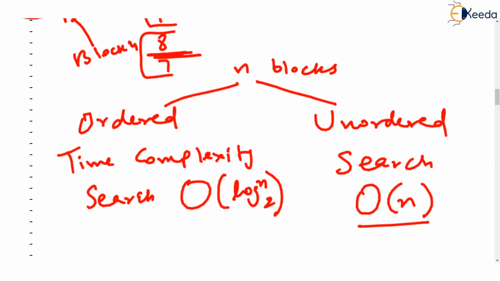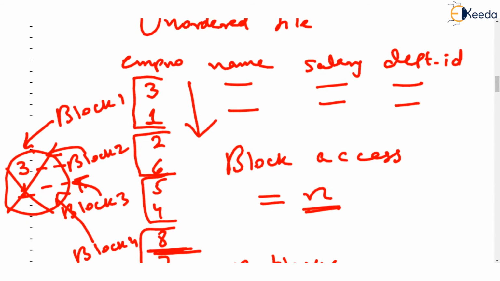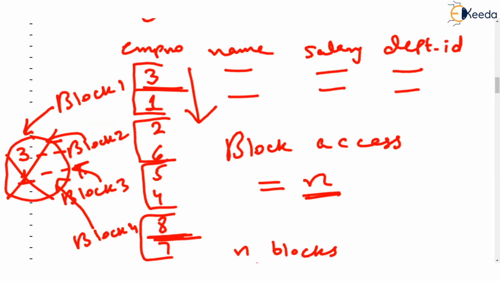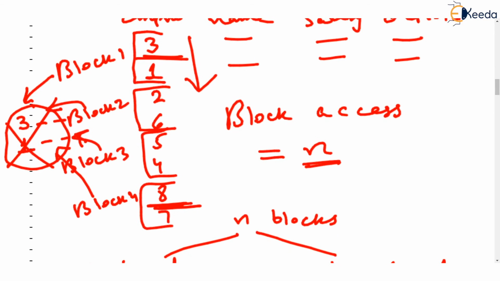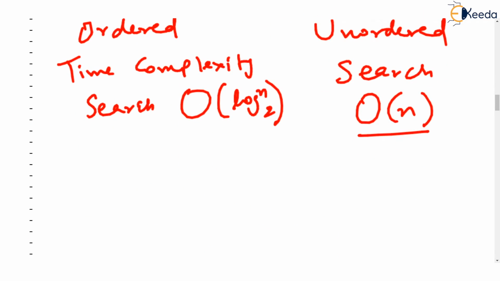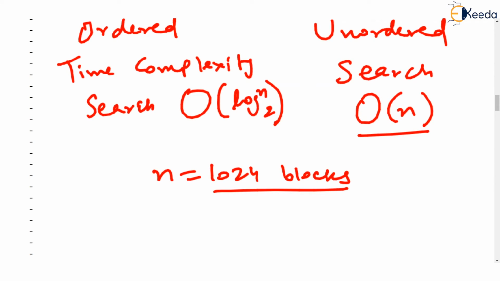Because what if you were searching for employee 3, then in the very first block you will get a happy day. But when we talk about complexity, we generally talk about the worst time, isn't it? So in the worst situation, if there are 1024 blocks, can you imagine, the unordered file can do 1024 block accesses?